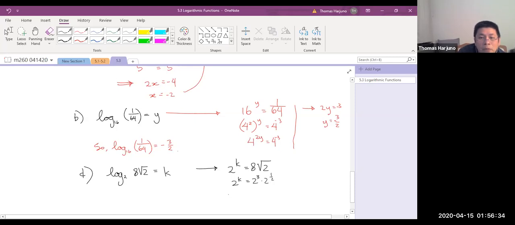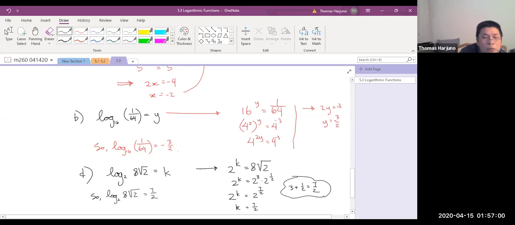Right? So 2 to the K equals 2 to the 7 halves, so 3 plus 1 half is 7 halves. Now from there we see K equals 7 halves or 3.5. So log base 2 of 8 radical 2 equals 7 over 2.